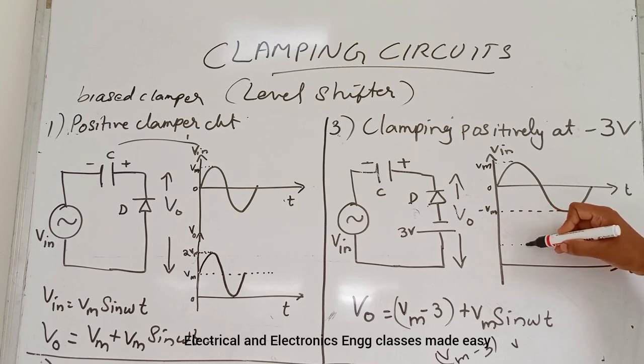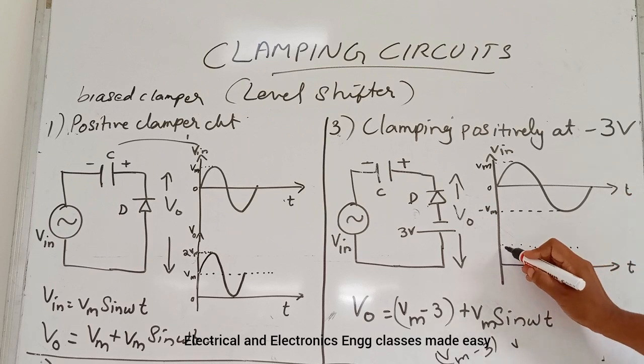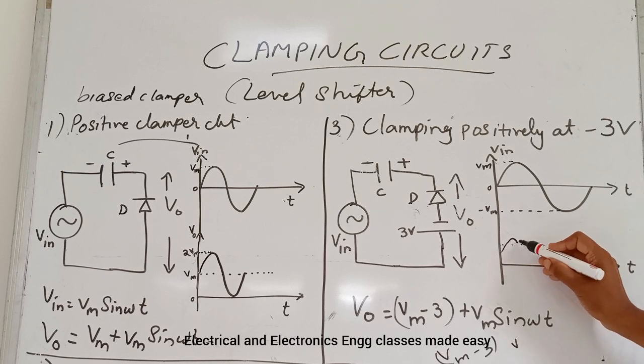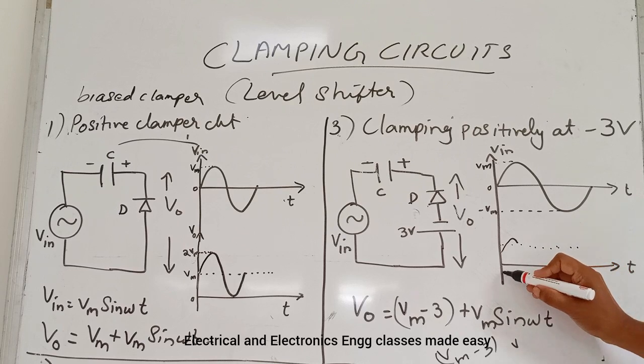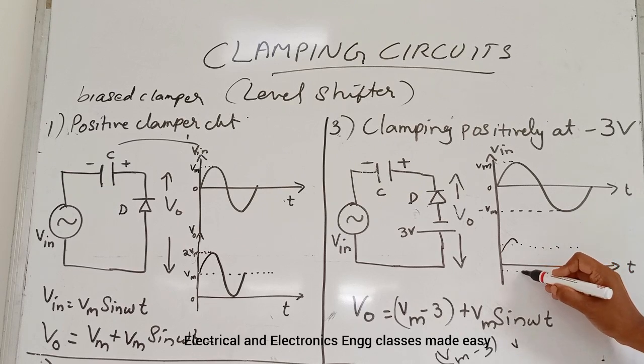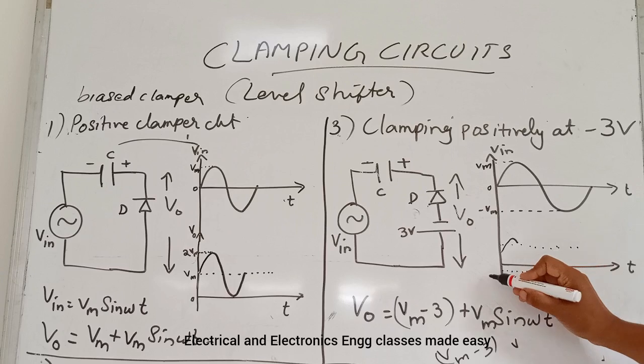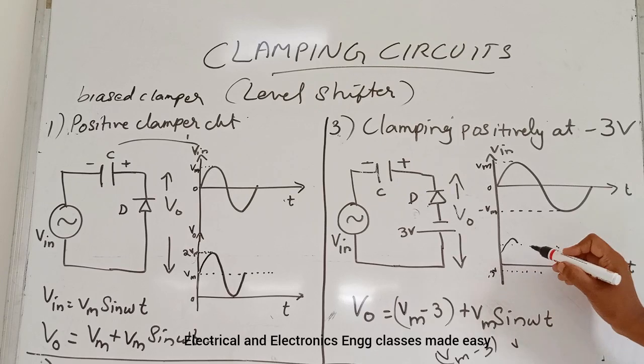Let this be the Vm. So Vm minus 3 volt will be this one, and here also minus 3 volt we have to take. So this is minus 3 volt.